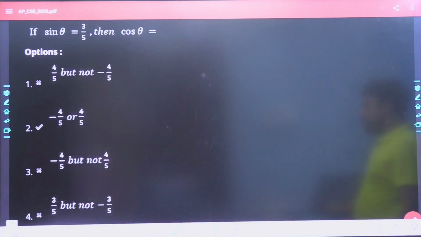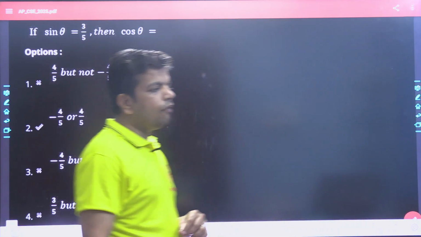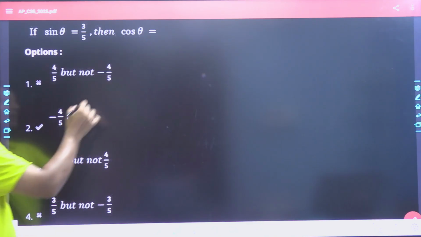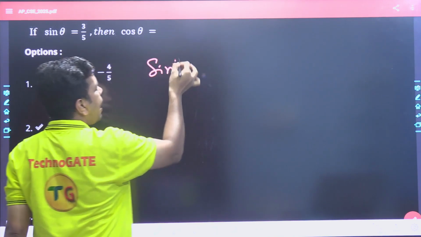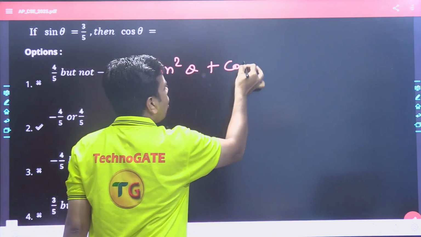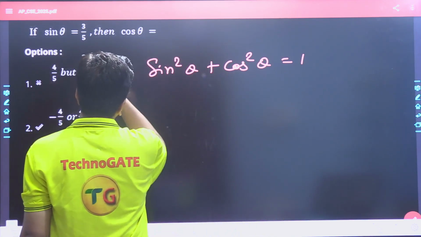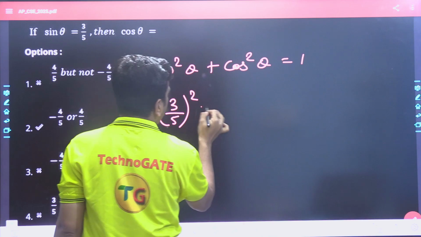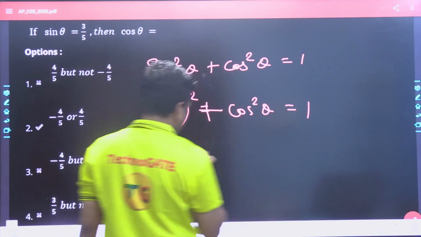Let's see the next question: if the value of sine theta is given, then what is the value of cos theta? As you recall the identity, sine squared theta plus cos squared theta is 1. Now we know that the value of sine theta is what? By 5 whole squared plus cos squared theta is 1.